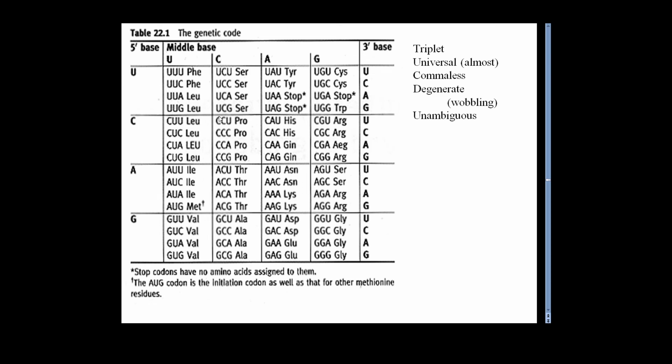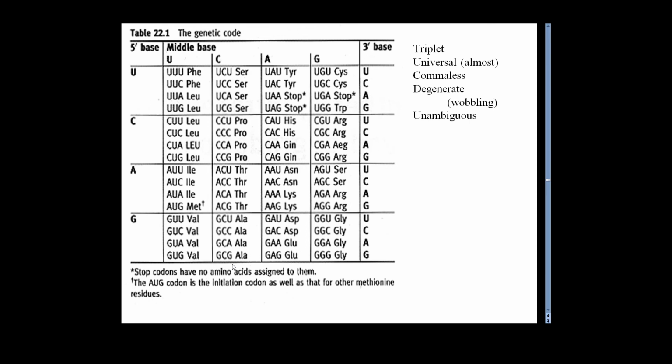Degenerate code means that more than one triplet codes one amino acid. For example, you can see phenylalanine coded by 2 triplets, leucine coded by 6 triplets, isoleucine 3 triplets, valine 4, serine 4, proline 4, threonine, alanine 4.